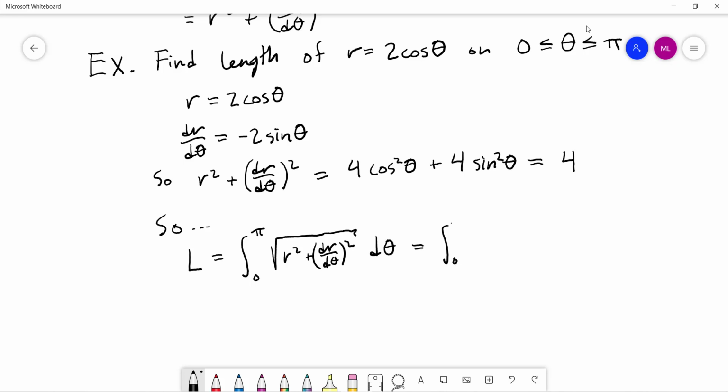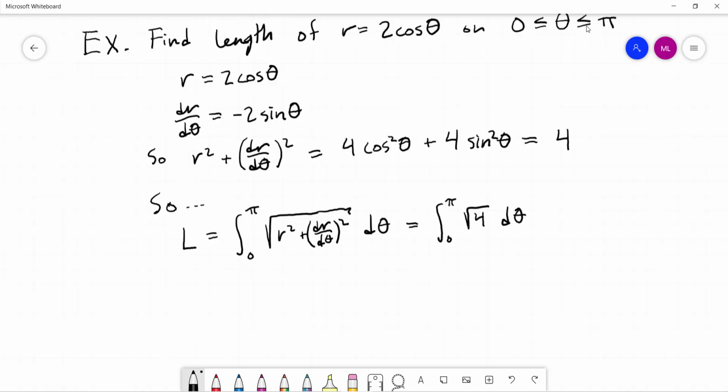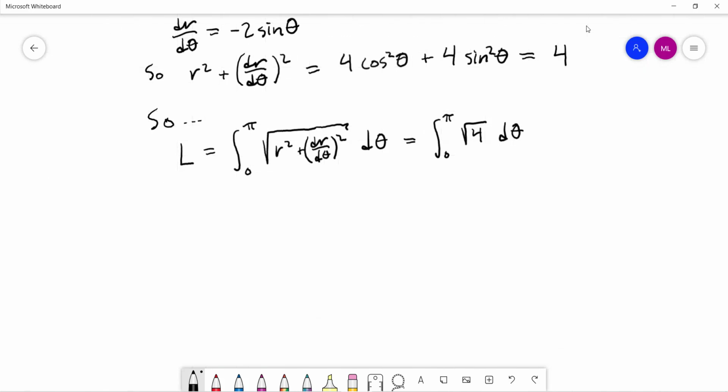So for us, that's just the integral from 0 to pi of the square root of 4 d theta. Square root of 4 is just 2, so I've simply got 2 times the integral from 0 to pi of d theta. If we integrate that, I will just get 2 theta evaluated between 0 and pi, which is 2 pi. That is our total length.